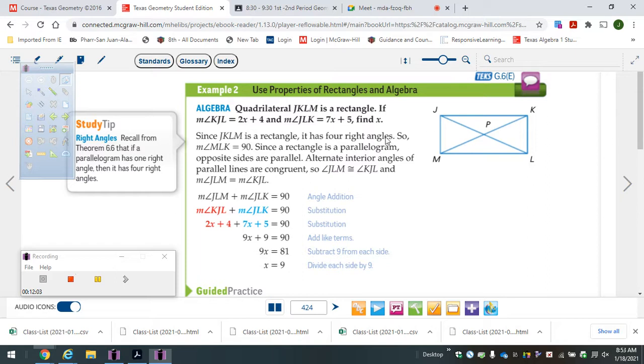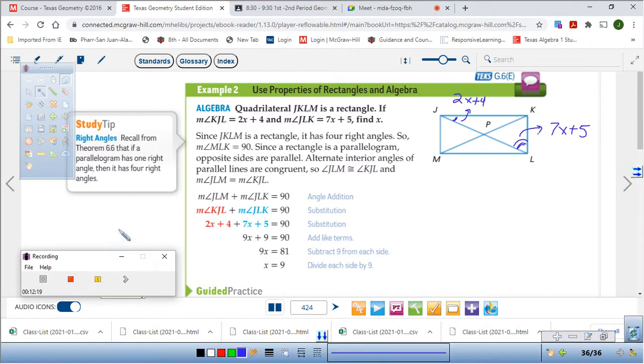They're giving us the measurement of angle KJL and the measurement of angle JLK. They wanted to find out x. Do y'all see anything, guys? Anybody see anything to do here?